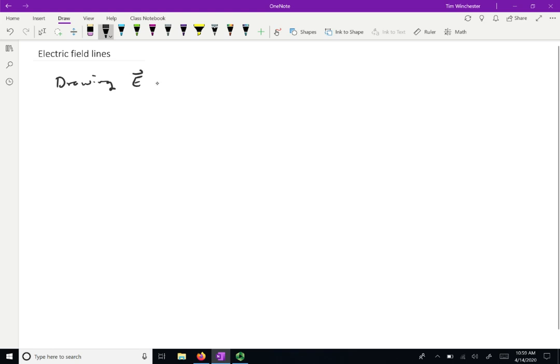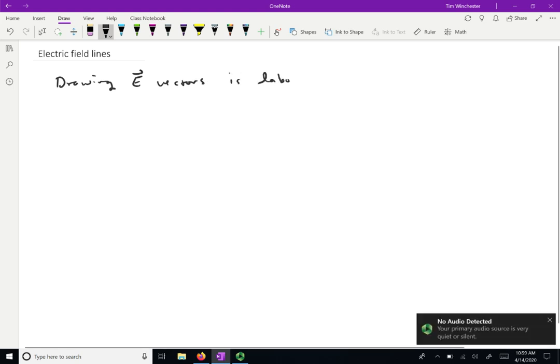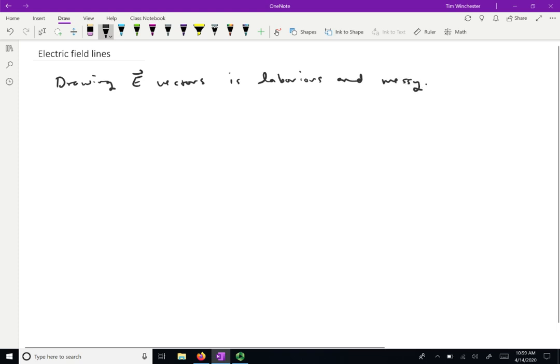Drawing electric field vectors is laborious and messy. Laborious because we have to consider the direction and the magnitude for each part and then use superposition. Messy because, again, superposition is a little bit messy, and also there can be some overlap between vectors.